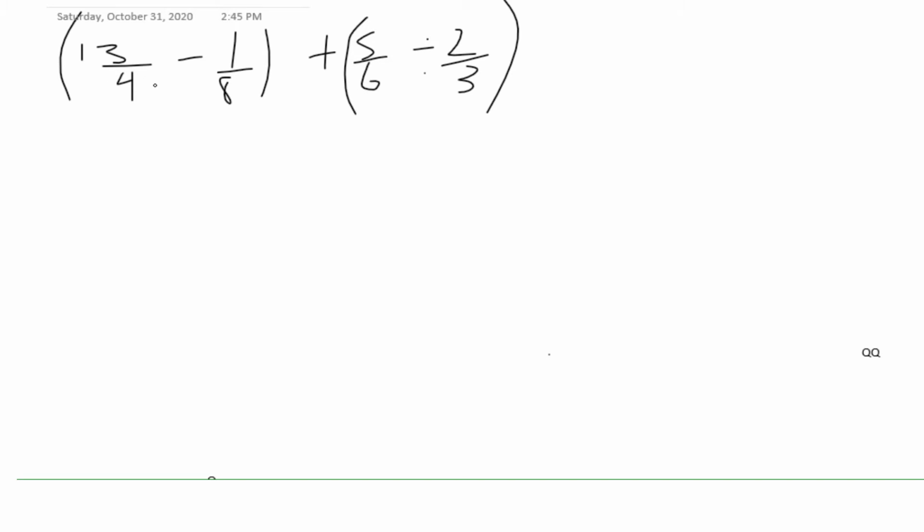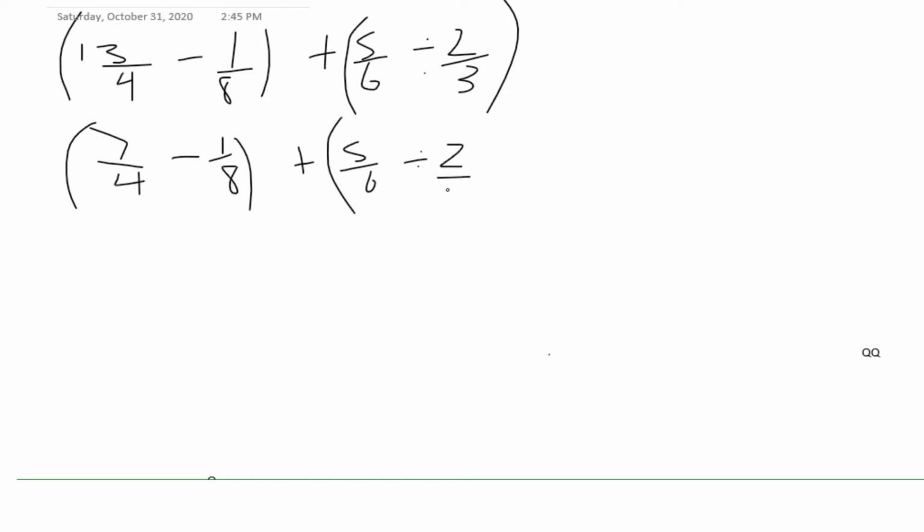So we have 4 times 1 is 4 plus 3, that's 7 over 4, minus 1 over 8, plus 5 over 6, divided by 2 over 3. That's 2 over 3.